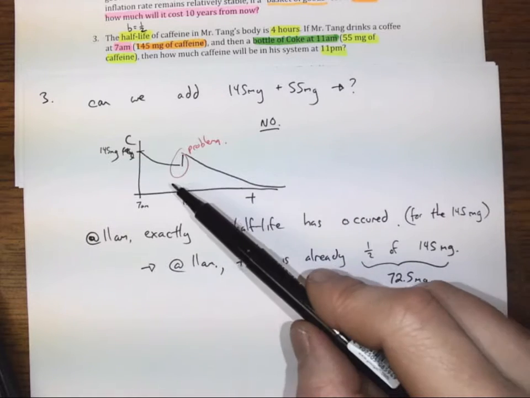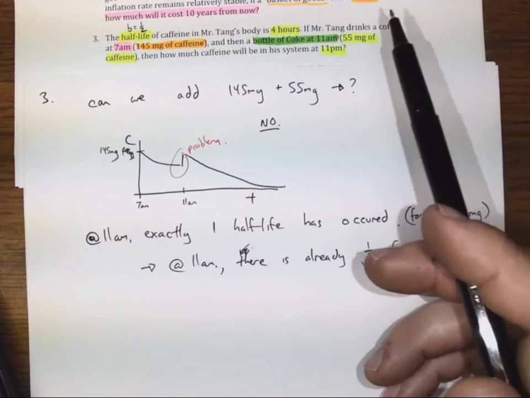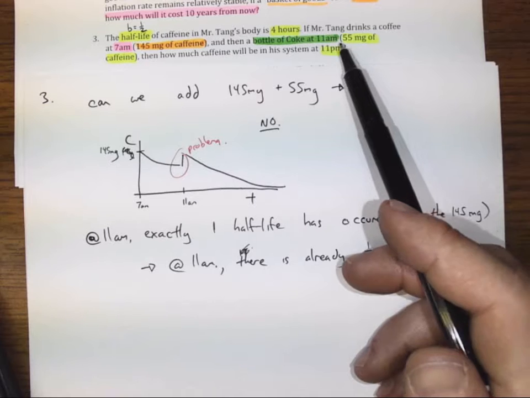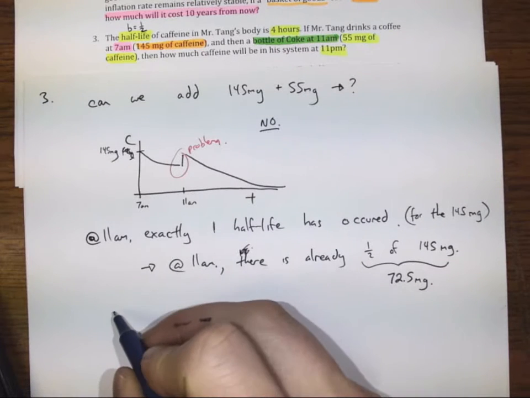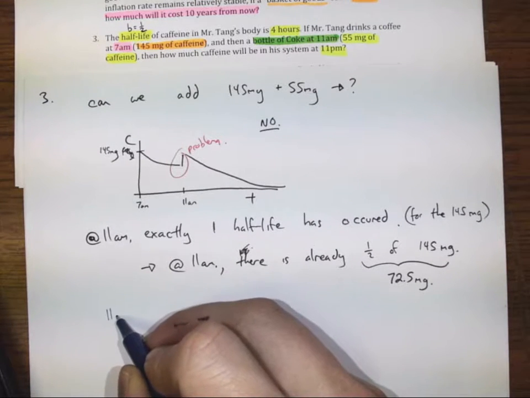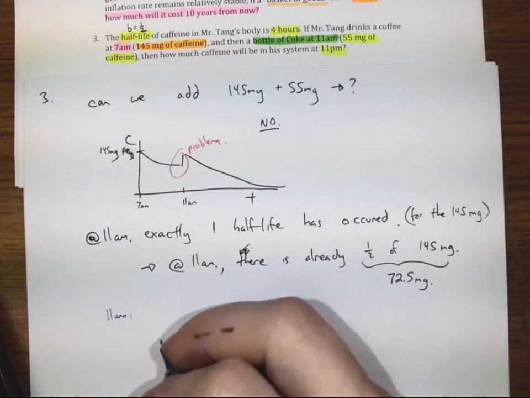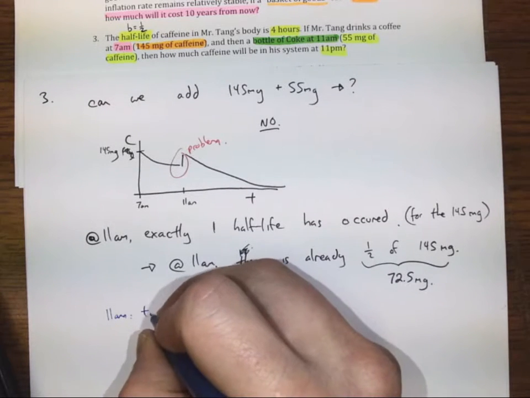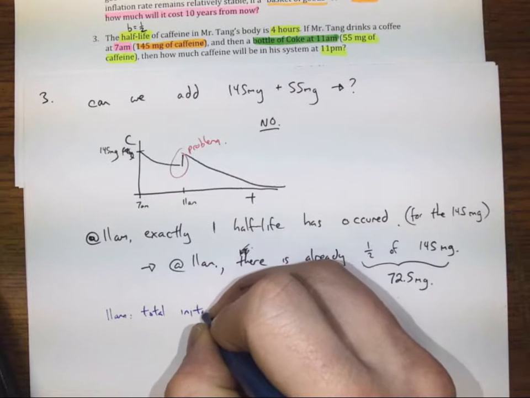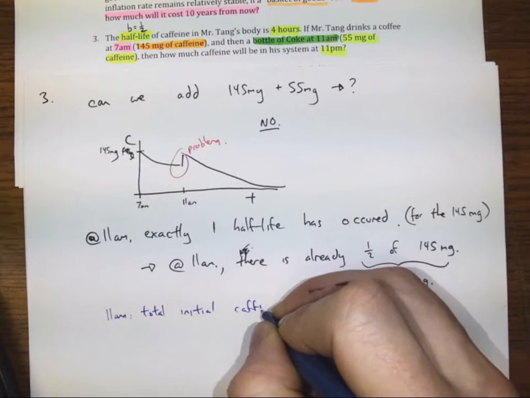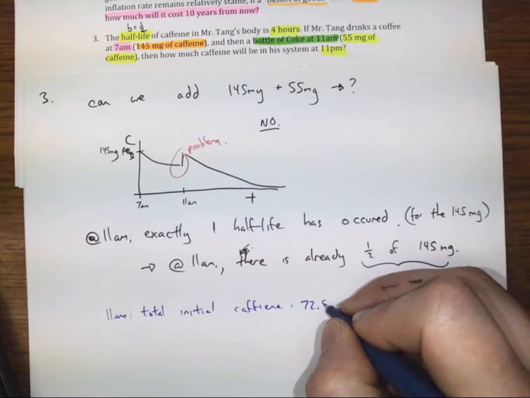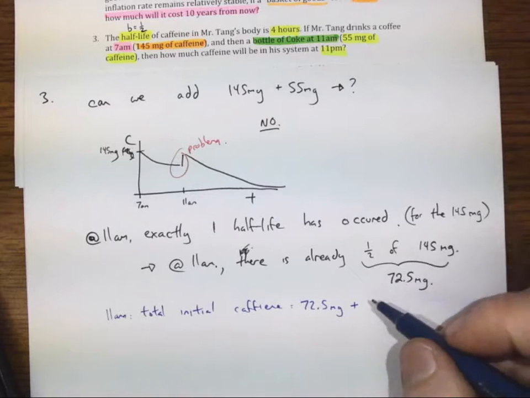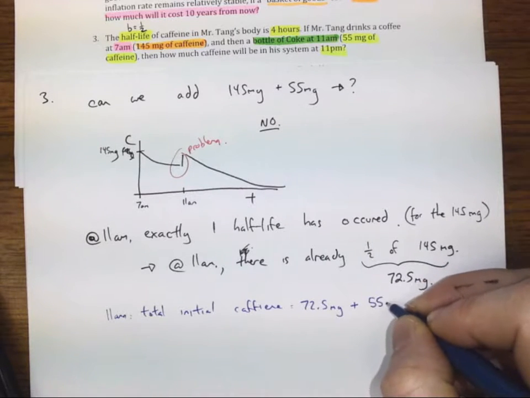And so at 11 a.m., Mr. Tang's initial caffeine would be 72.5 milligrams plus the new amount that he's going to get from his Coca-Cola, which is going to become 127.5.